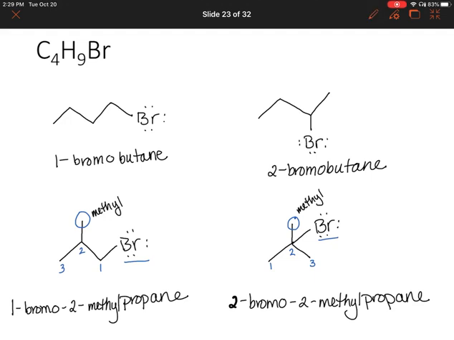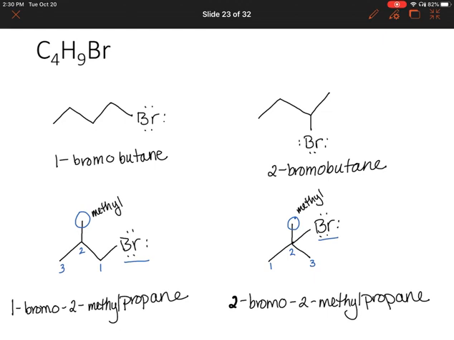Okay, so we've named each of the molecules. Now in the next step, let's figure out if any of these molecules have stereocenters. So let's look at 1-bromobutane first. Are there any stereocenters there? Nope, this is similar to 1-bromopropane.